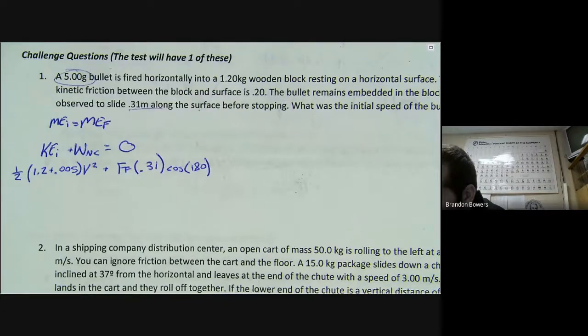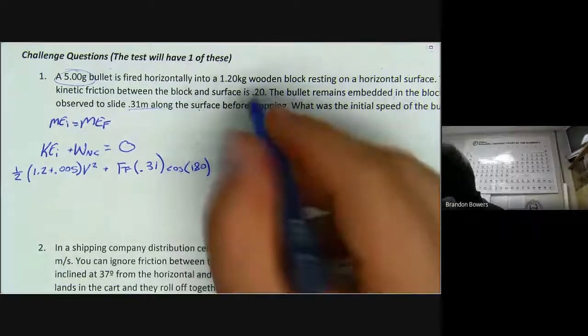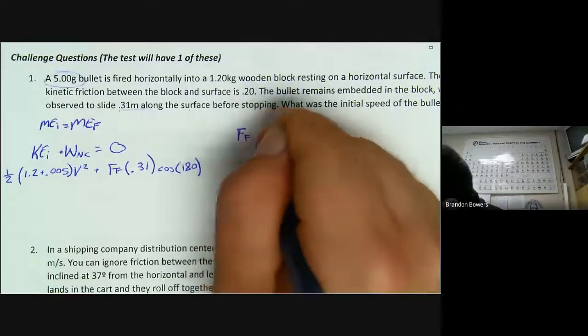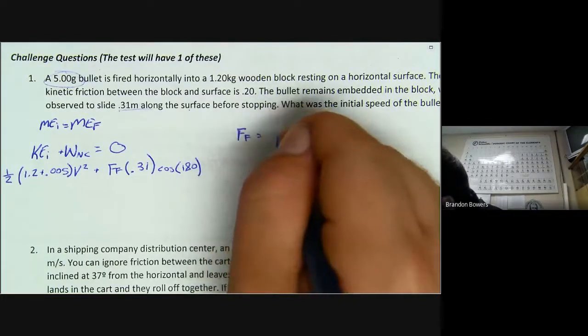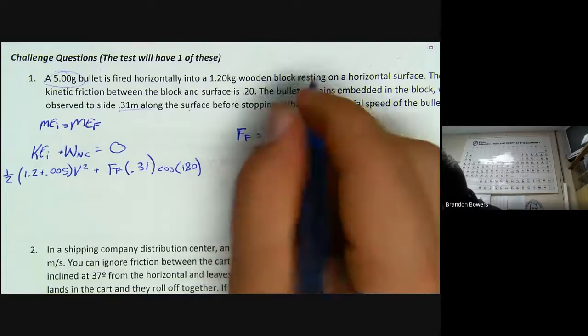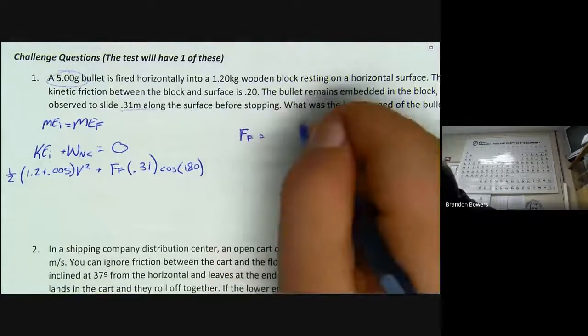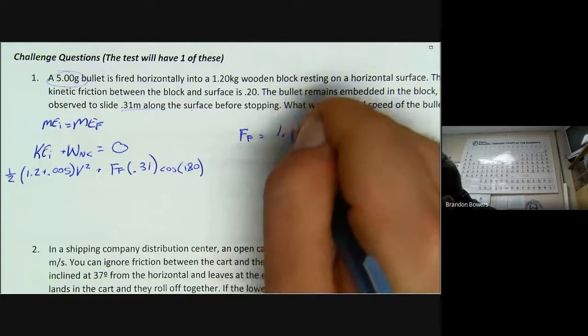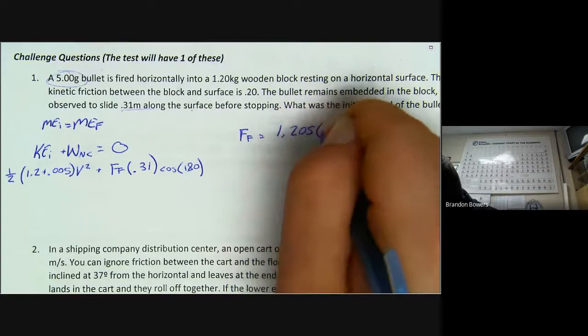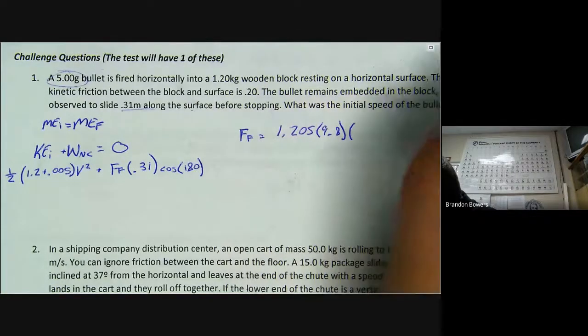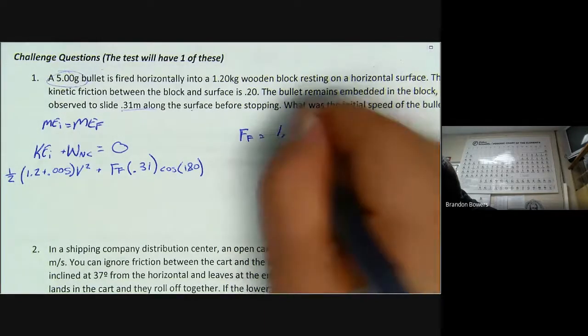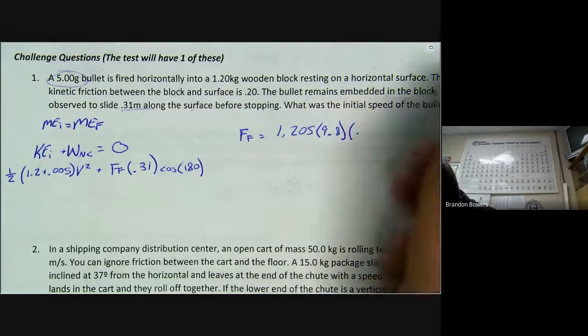You're going to have to find the force of friction. Force of friction is equal to the mass times gravity, the force of gravity. The mass would be 1.205 times 9.8 times the friction coefficient. So that's force normal. Friction coefficient was 0.2.